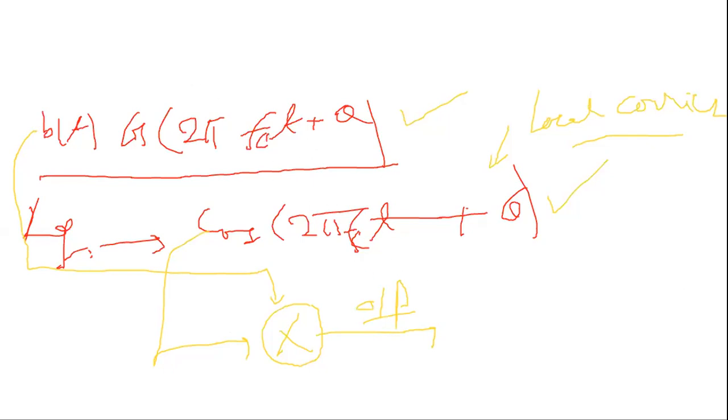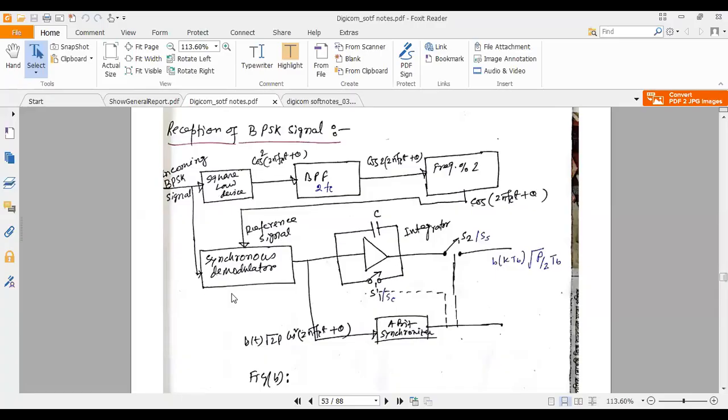Look at the circuit: the synchronous demodulator is a multiplier, or balance modulator. The reference signal comes in this side and the incoming signal this side, and they are multiplied. Then the multiplied signal moves to a low pass filter; the integrator means it's a low pass filter.